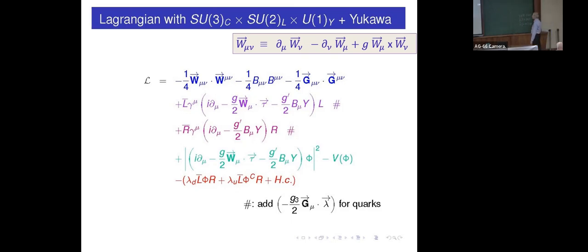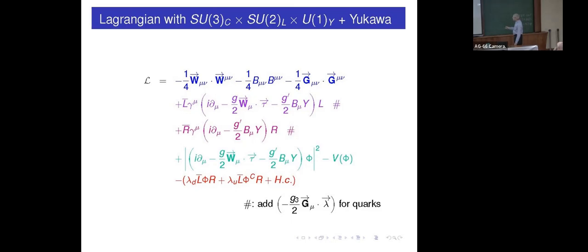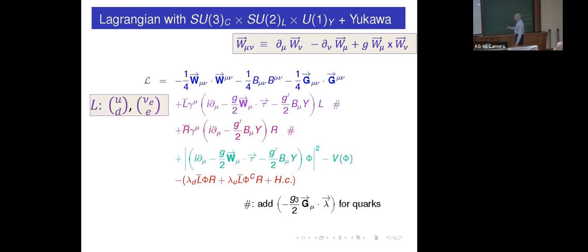The second term has this thing called L. Now this L is a pair. It can be either U or D, but left-handed, or neutrino and electron, again left-handed. That's why they are called L. Remember that because these satisfy the gauge symmetries, we had to add terms like this, minus g/2 W·τ.